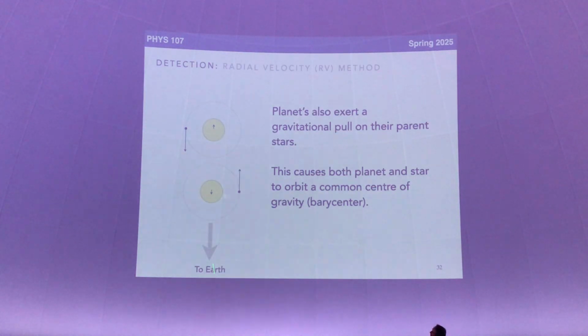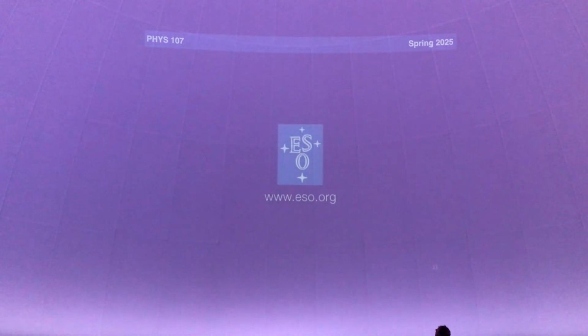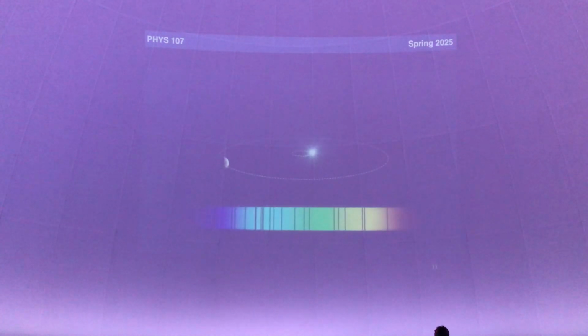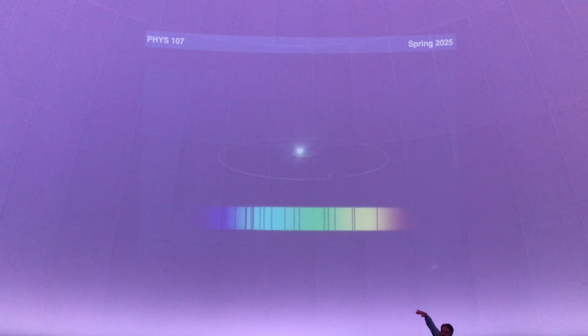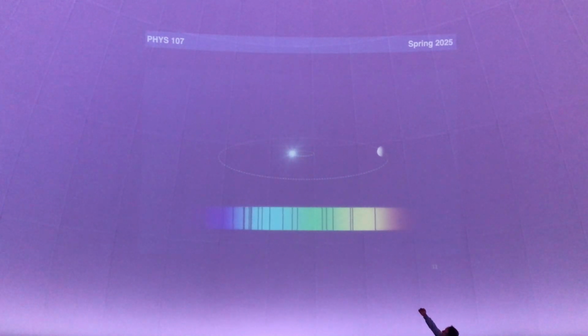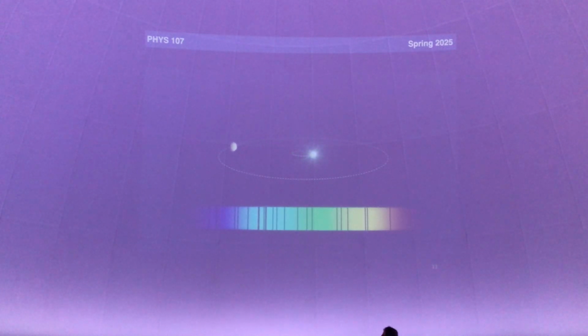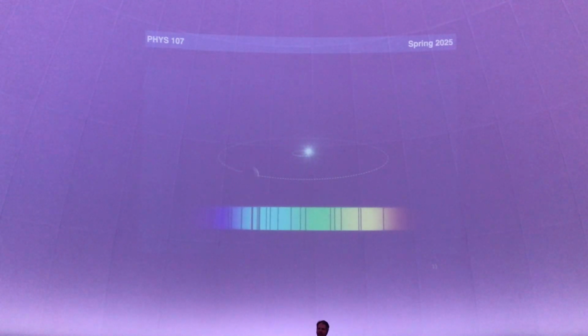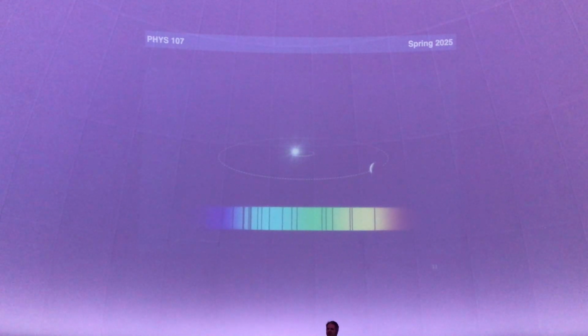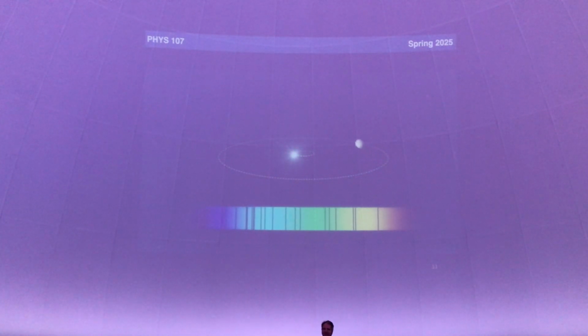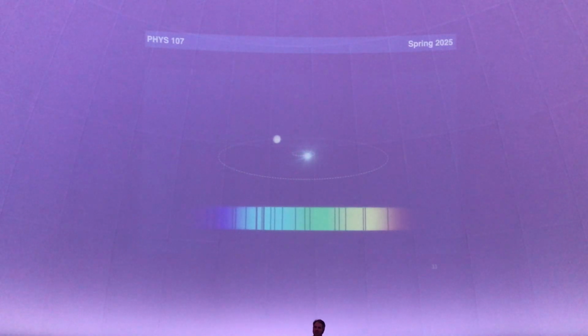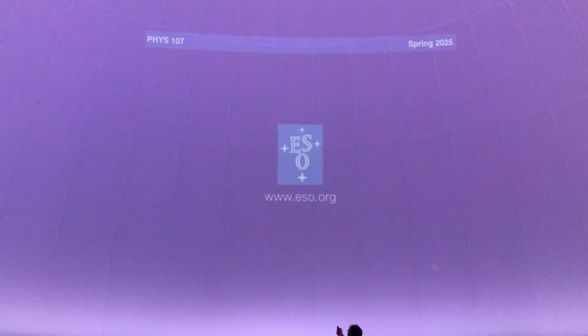Radial velocities, if I go to Earth, right, if I'm looking at it sideways, here we're looking almost sideways on it, and that means that the planet sort of, the thing in the back of my head is literally the 2 ice skaters that are holding hands and rotating around this common center of gravity. That is what's happening here.